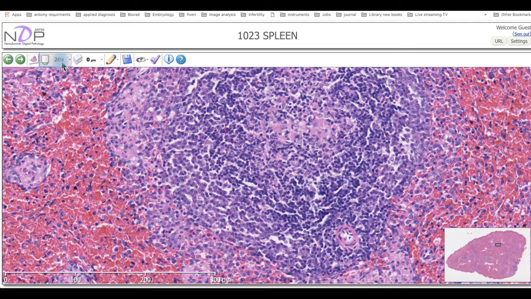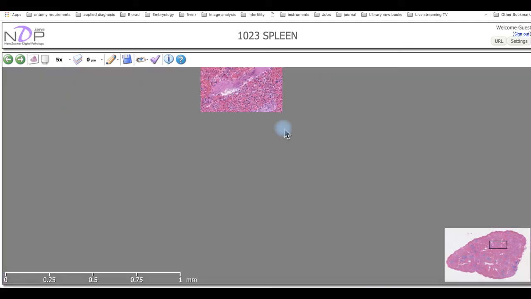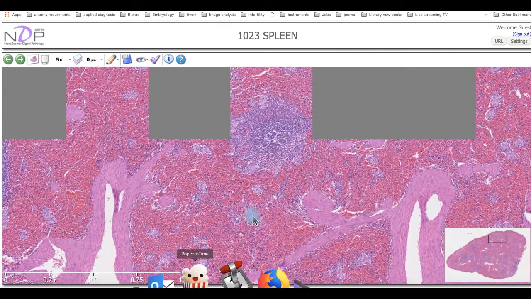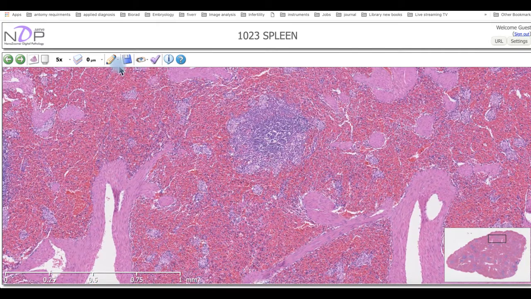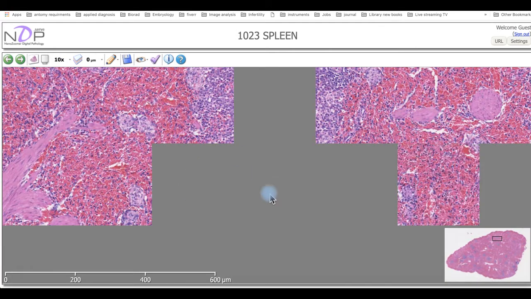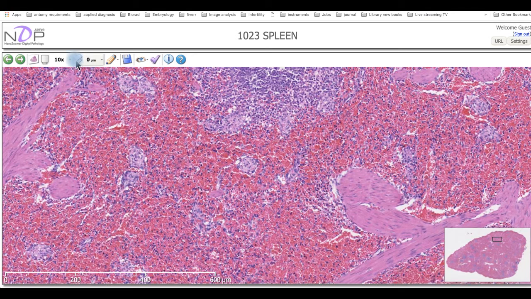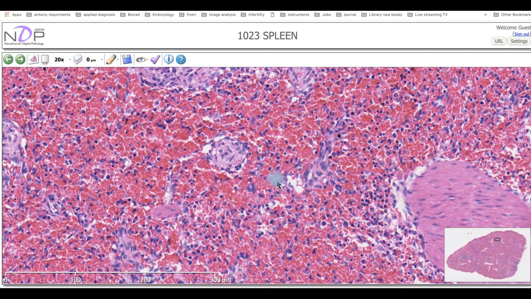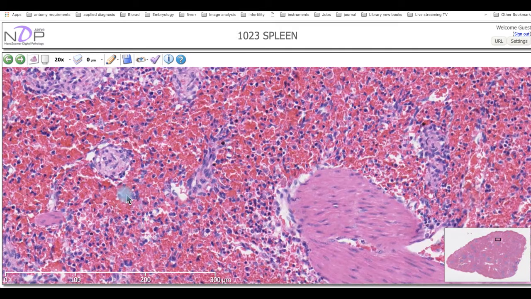If we go back in magnification, again, this is the white pulp and this is the red pulp. If we increase the magnification in the red pulp, we can see blood sinusoids, and all of these cells are blood cells, the red blood cells and the white blood cells.